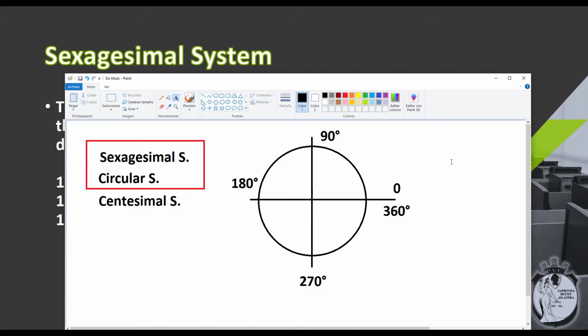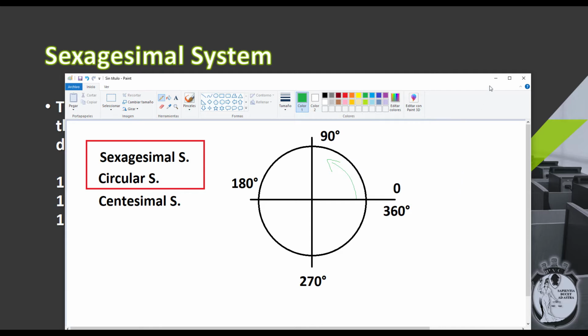This is the system that we know. You can start the measurement from the right, this is 0, and a full rotation is 360 degrees. We will use that system for everything related with angles.